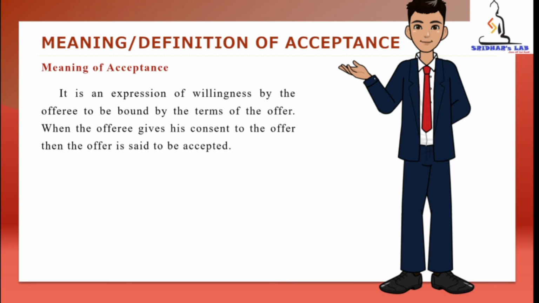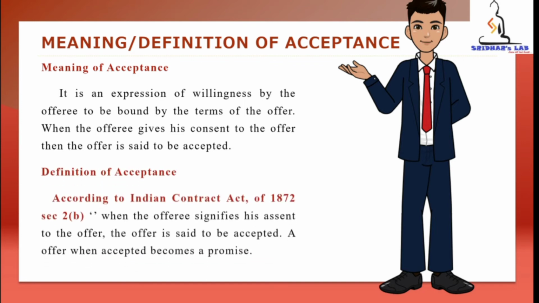In this case, if Mr. B agrees to buy Mr. A's building, then B is said to have made the acceptance to the offer made by Mr. A. So here the offer is said to be accepted.